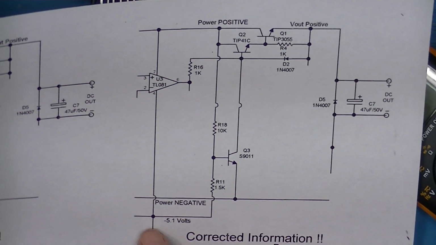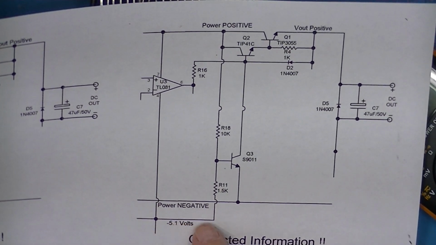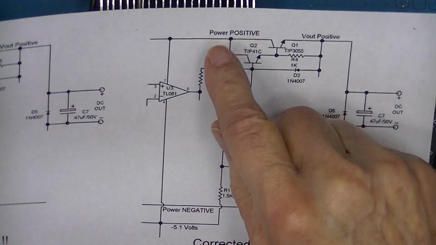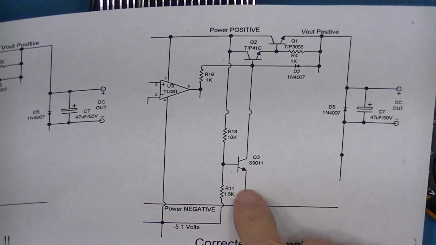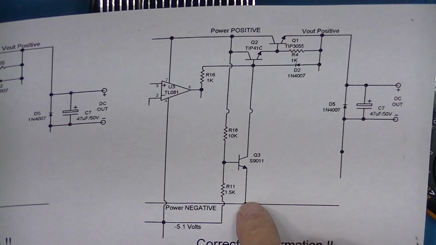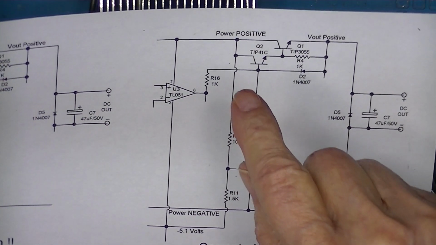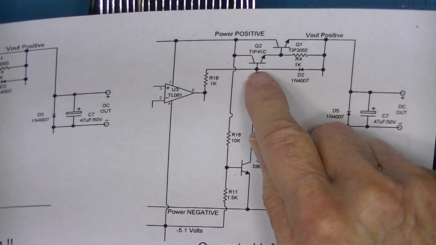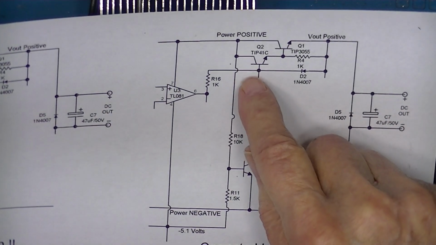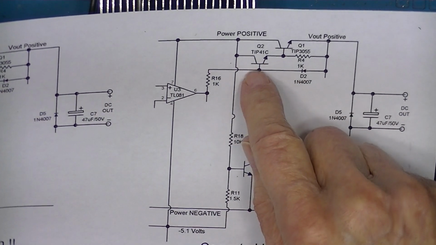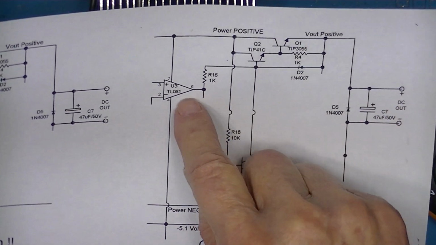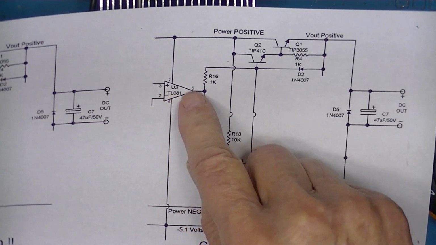However, if the minus 5 volt rail were to disappear, that transistor would be heavily biased through R18, and conduction would occur between here and power negative, pulling down the voltage here, which would fold back the output voltage, because the output voltage is essentially the voltage here, normally controlled by the output of U3.